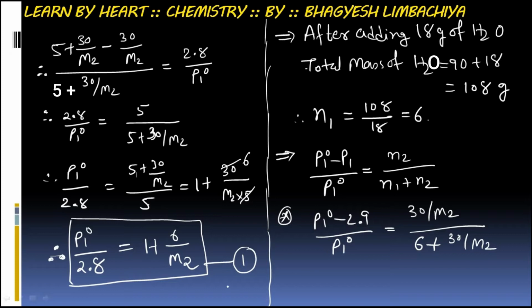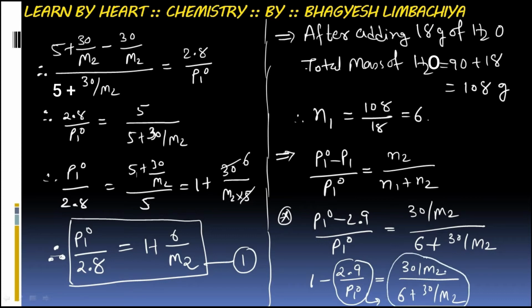And in the same way we have to derive equation number 2 like equation number 1. P1⁰ is taken as LCM. On the other side, 30 by M2 divided by 6 plus 30 by M2 as it is. And now 2.9 by P1⁰ on one side, the whole term is shifted to the right hand side, and the left hand side term is shifted, 30 by M2 upon 6 plus 30 by M2.